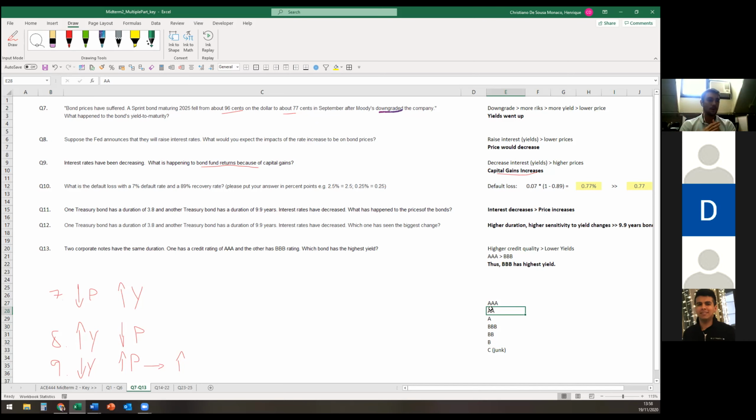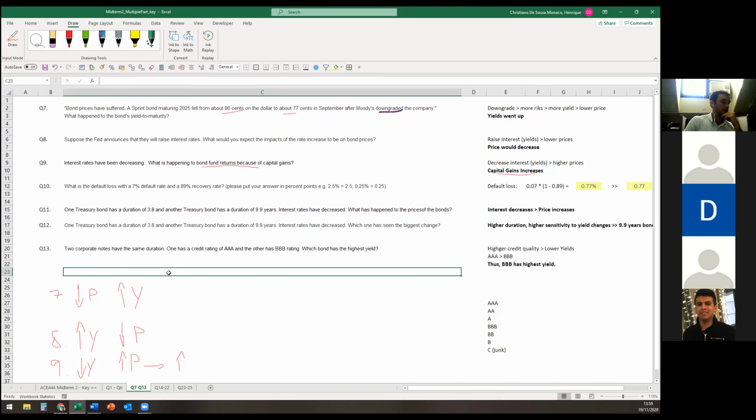So when they downgraded, they're just saying it's riskier, so you're supposed to be compensated for the increased default risk. I don't know if I made myself clear. Gary, if you want to add something, but is that clear, Nish? Yeah. Is it? Okay, cool. If they declared bankruptcy, that would be a whole different story, and then you would be right in that case.